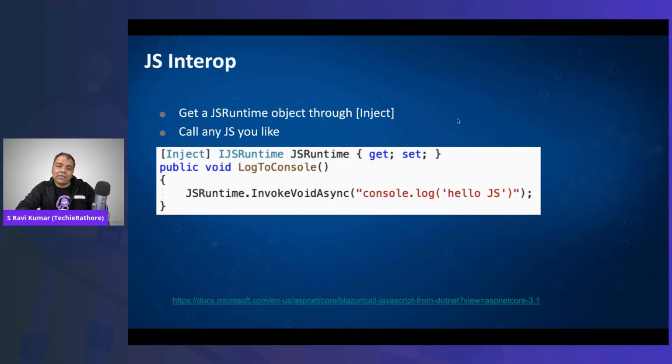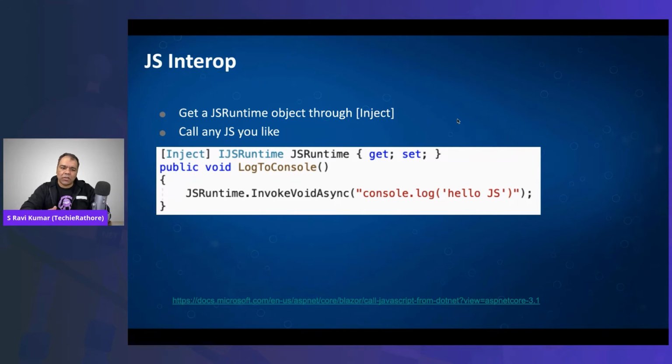When I said that we can do everything using C# and we don't need JavaScript, in some scenarios, if you are very good in JavaScript or if you want to use JavaScript in your application, it's not that you can't use it. You can, of course, call JavaScript code from C# or vice versa using JavaScript interoperability.